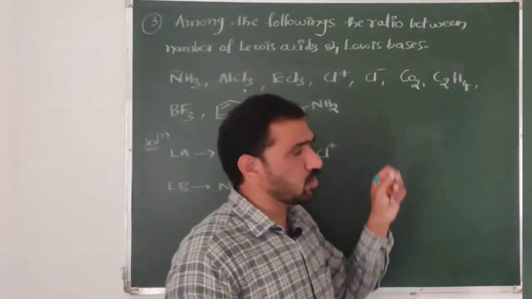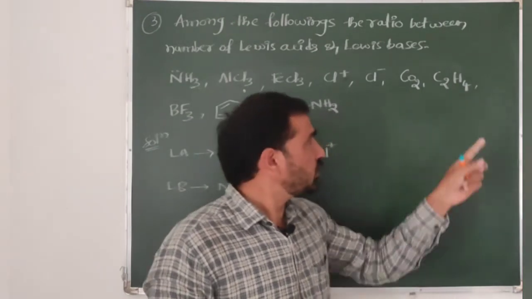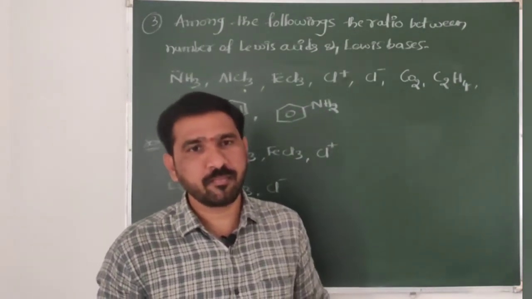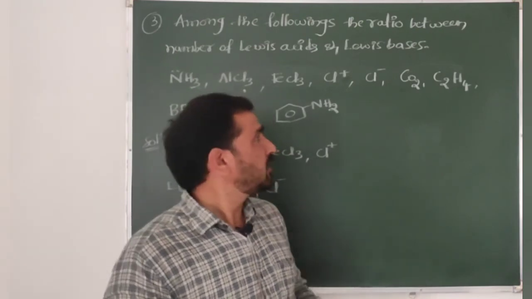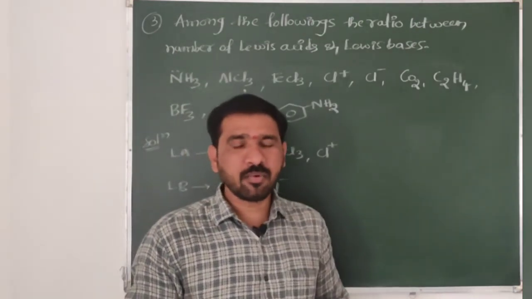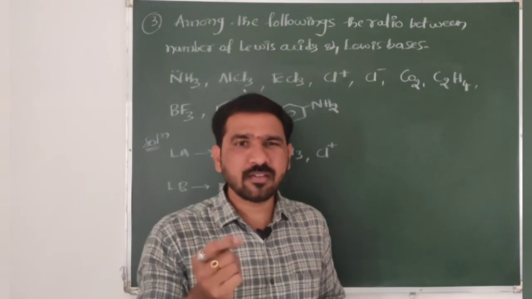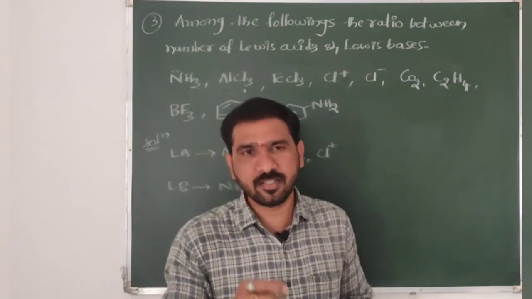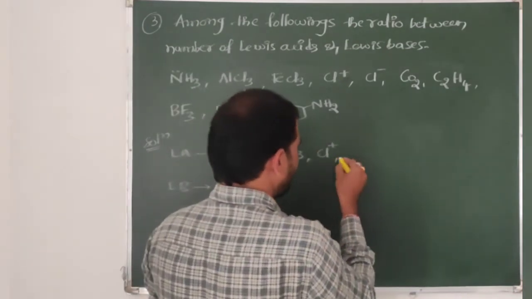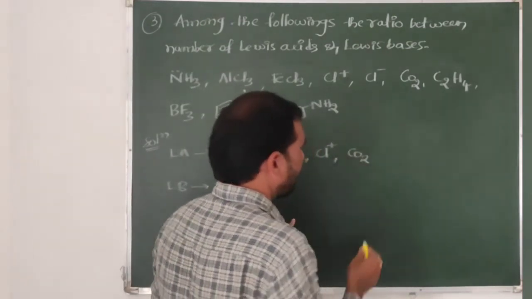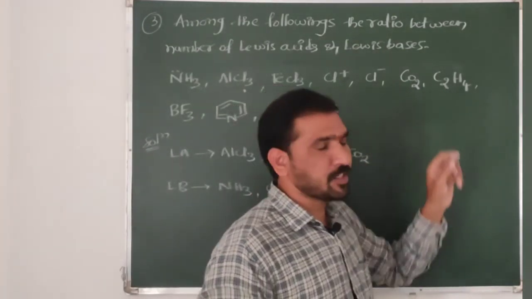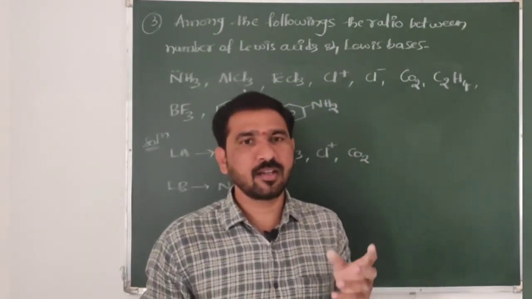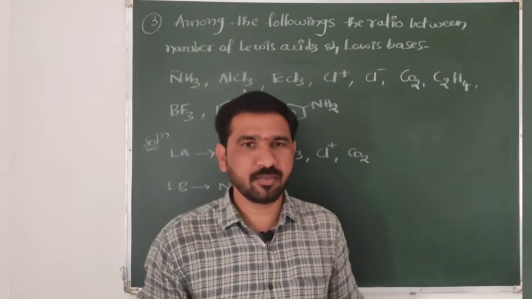Then coming to CO2. CO2 and C2H4, these two are multiple bonded compounds. As I told, CO2 is a multiple bonded compound having an electronegativity difference between bonded atoms. That is a Lewis acid. And coming to C2H4, this is also a multiple bonded compound but with no electronegativity difference between bonded atoms.